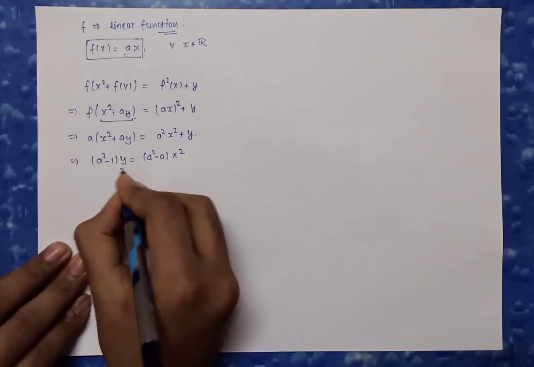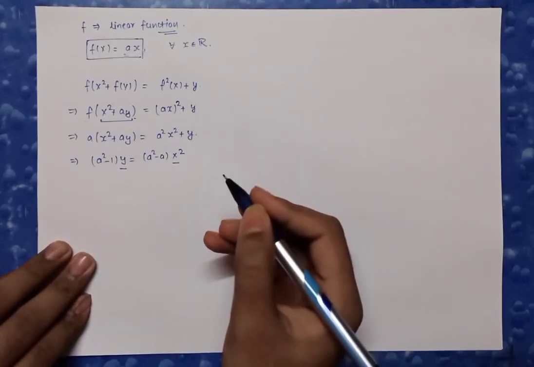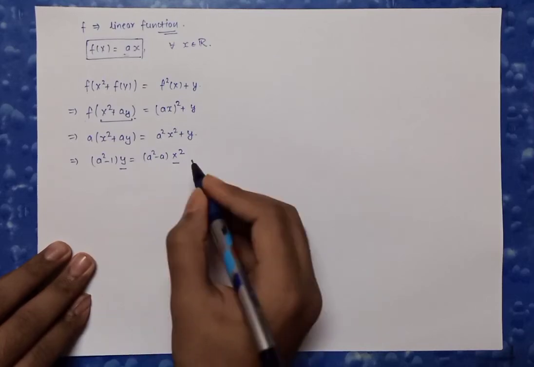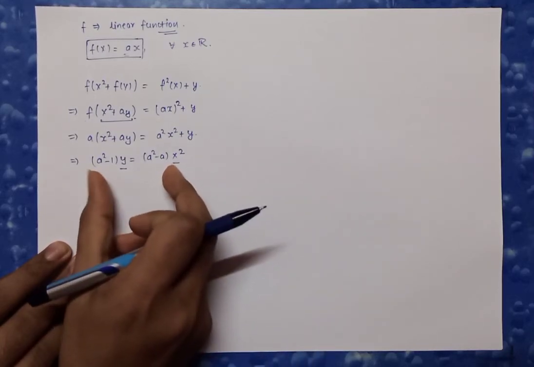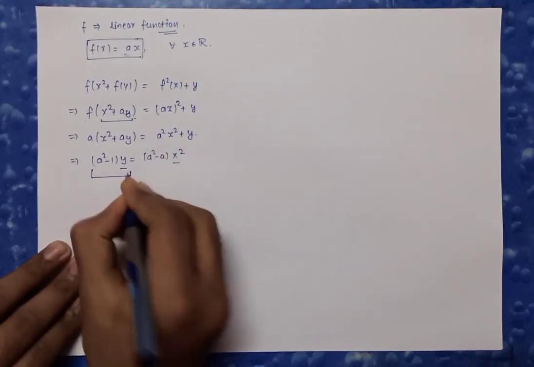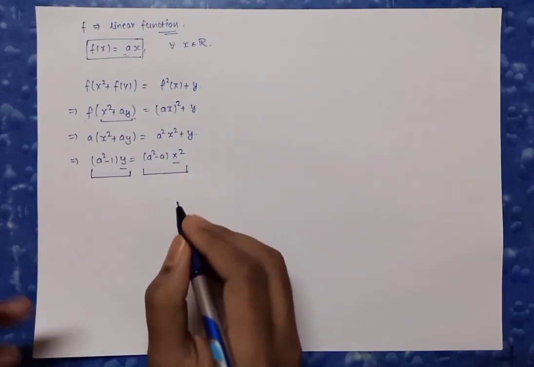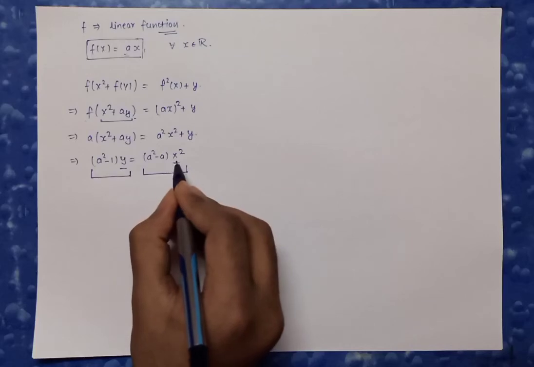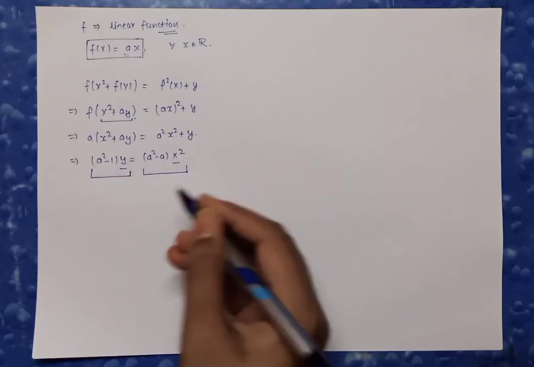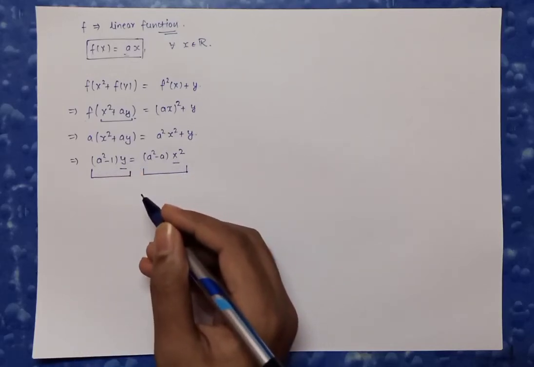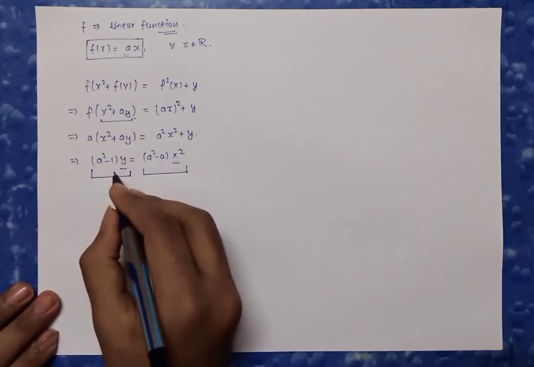Now since x and y are independent variables and both belong to real numbers, these two quantities have to be equal, or I can say if I bring this to the left hand side, it must become an identity, and for an identity the coefficient of all the variables must be 0.